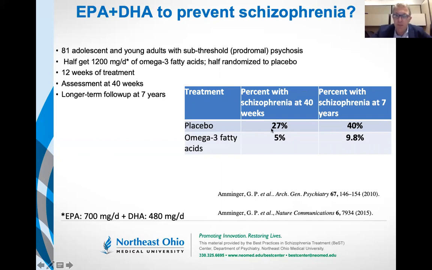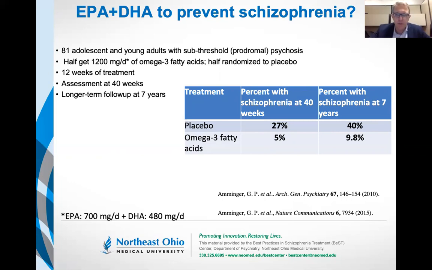that in the middle column here, at 40 weeks of treatment, the people who were in placebo group, about a third of them converted to syndromal schizophrenia, which is par for the course in the way we currently identify prodromal states. You get about 30% predictive ability. But in the omega fatty acid treatment group, that only resulted in 5% conversion.